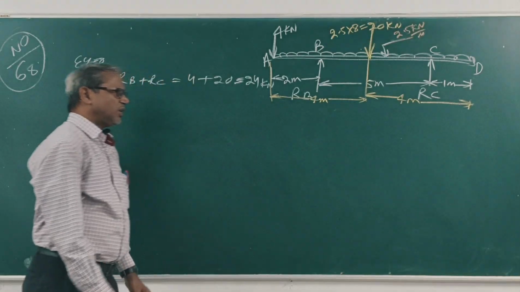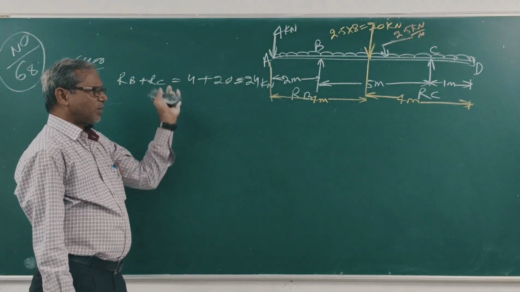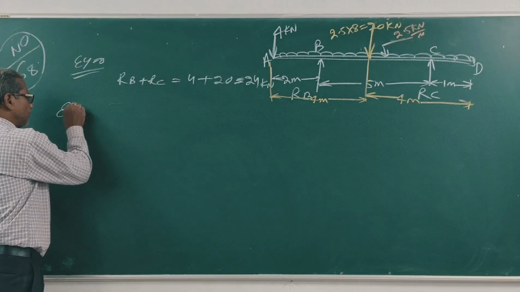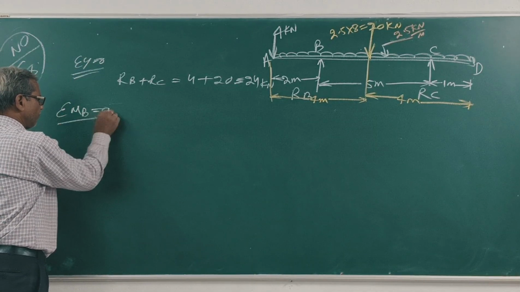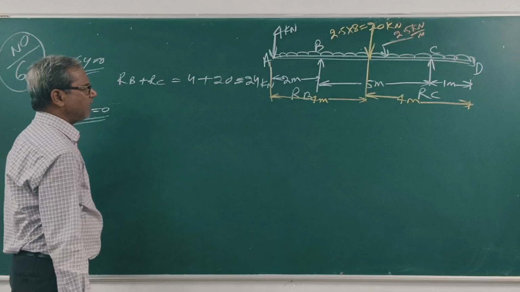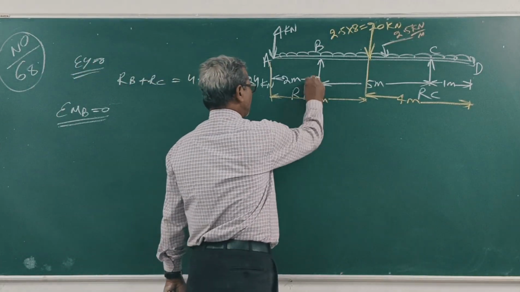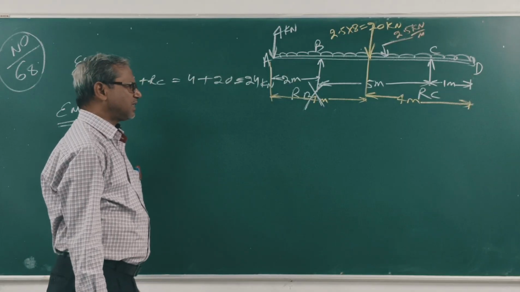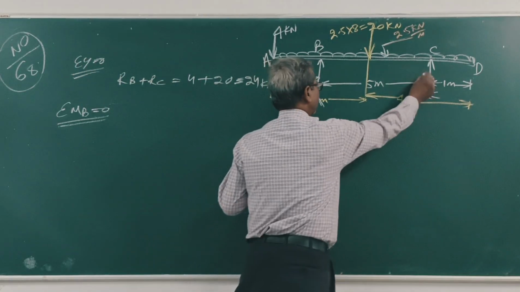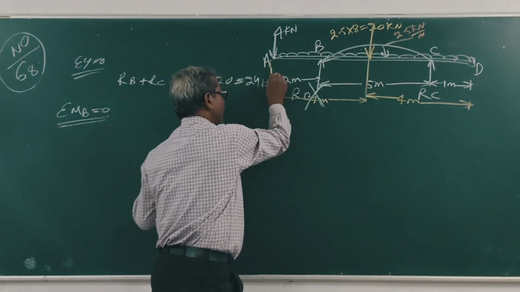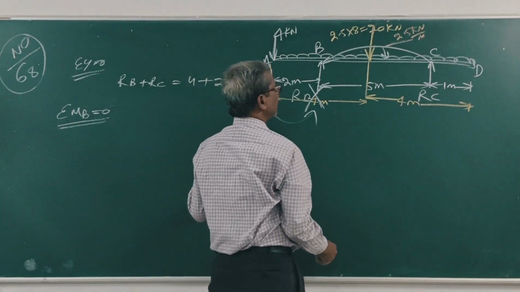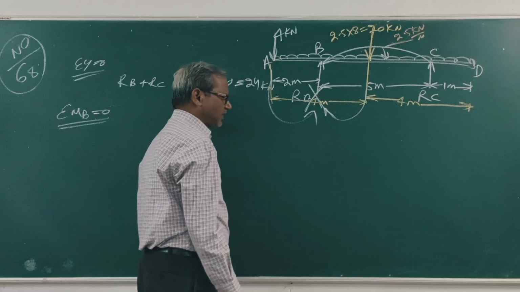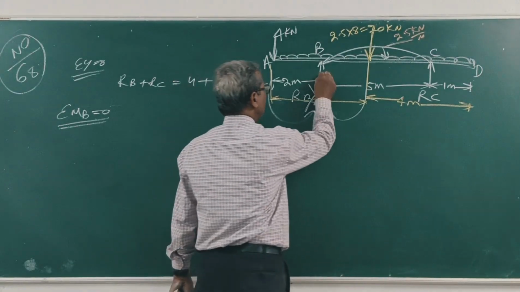Now take moment either about B or about C. Let us take moment about B. Sigma MB equals 0. RB passes through B, its moment is 0. Next, RC into 5, 4 into 2 is equal to 20 into this length, 2.